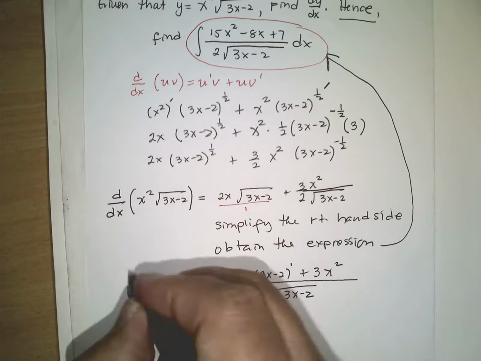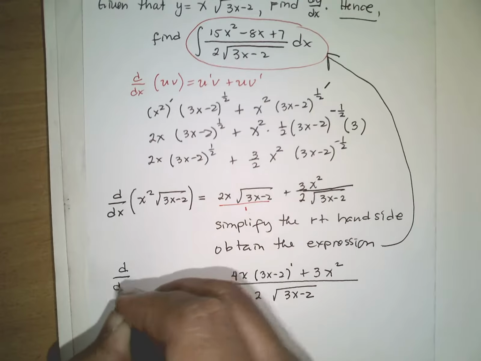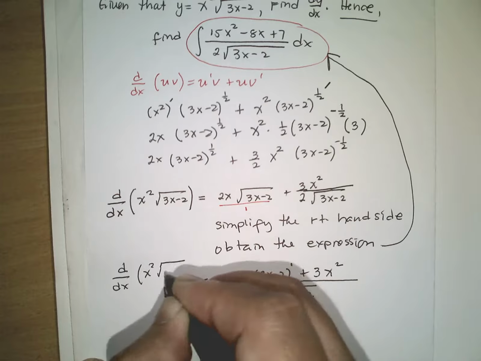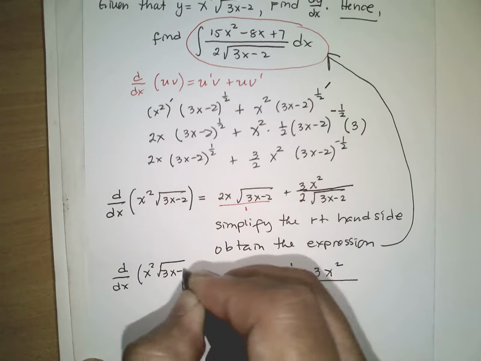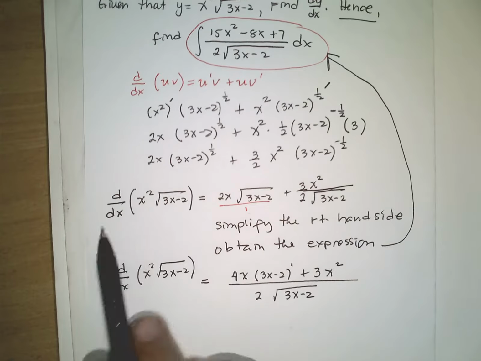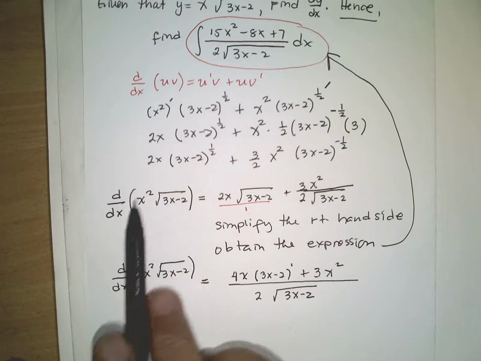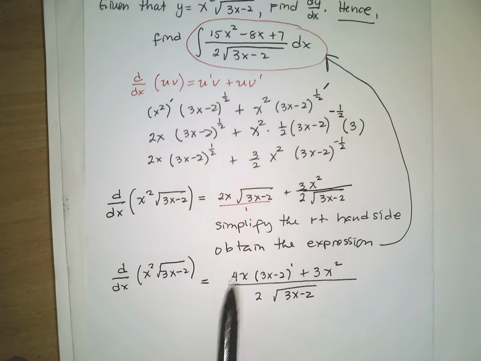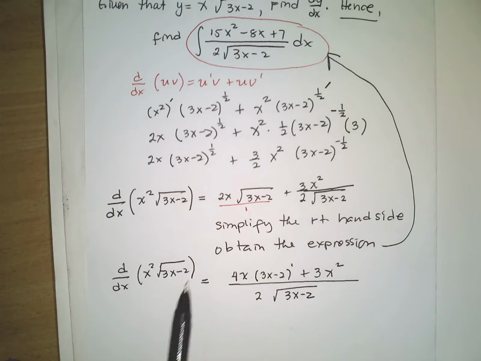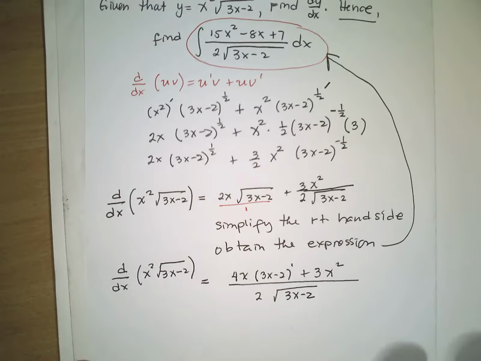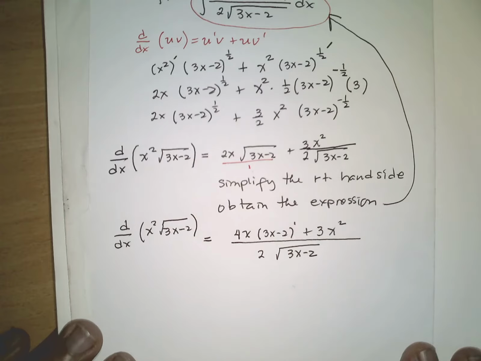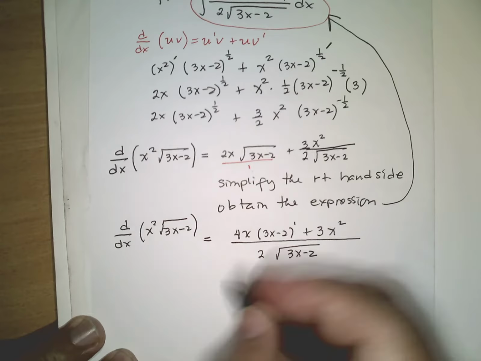And then look at, I will rewrite this one. Please take a look at how I write my solution. I rewrite the derivative, I rewrite the question and its answers. After I simplify, I rewrite again the original question. Okay, I want you to do it that way so you don't get confused. Let's simplify this.